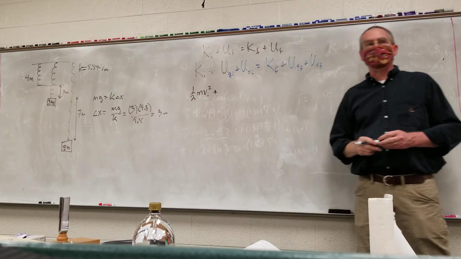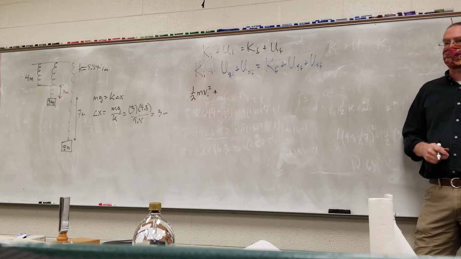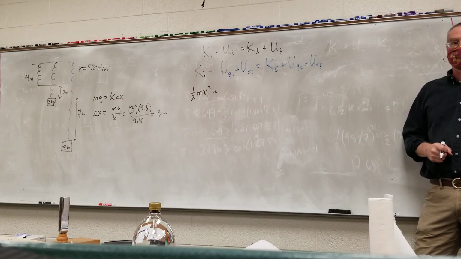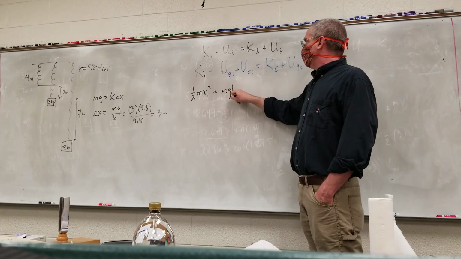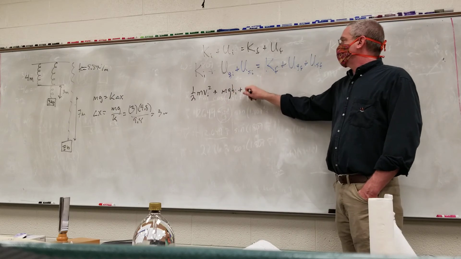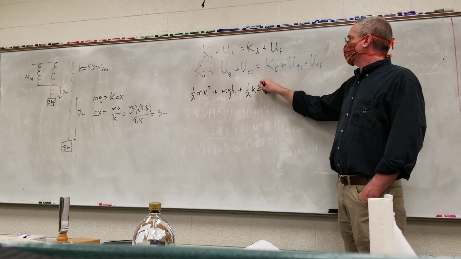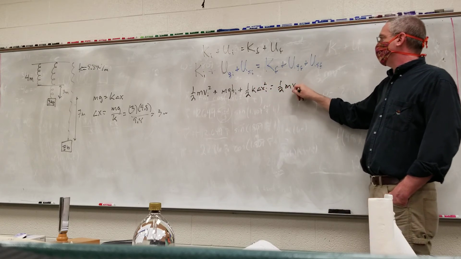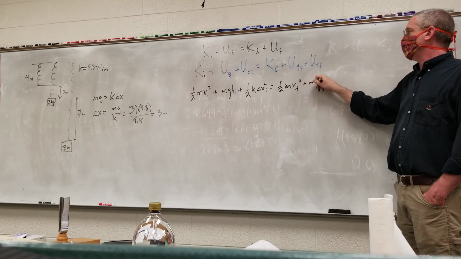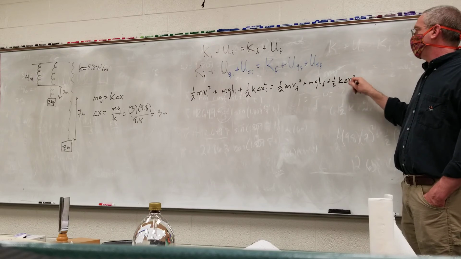The formula for gravitational potential energy, when the acceleration of gravity is relatively constant, is mgh. So we have mgh initial plus the spring, 1/2 k delta x initial squared, equals all that but final: 1/2 mv final squared plus mgh final plus 1/2 k delta x final squared.